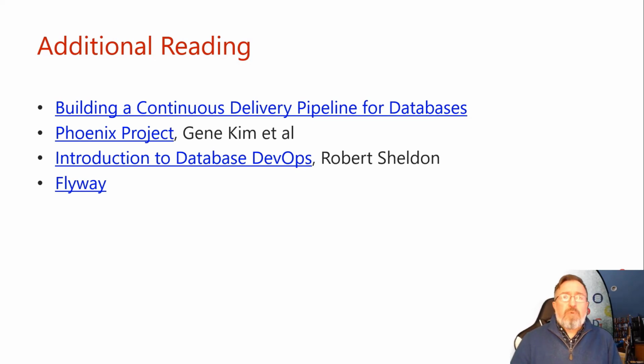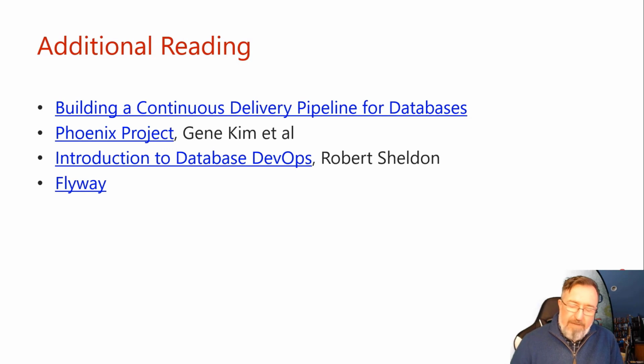Also, I would recommend that you read the Phoenix Project. If your company is looking or thinking about moving into DevOps, if you just want to champion DevOps within your organization, get all of your coworkers to read the Phoenix Project. It's a novel, but it's a novel about IT.